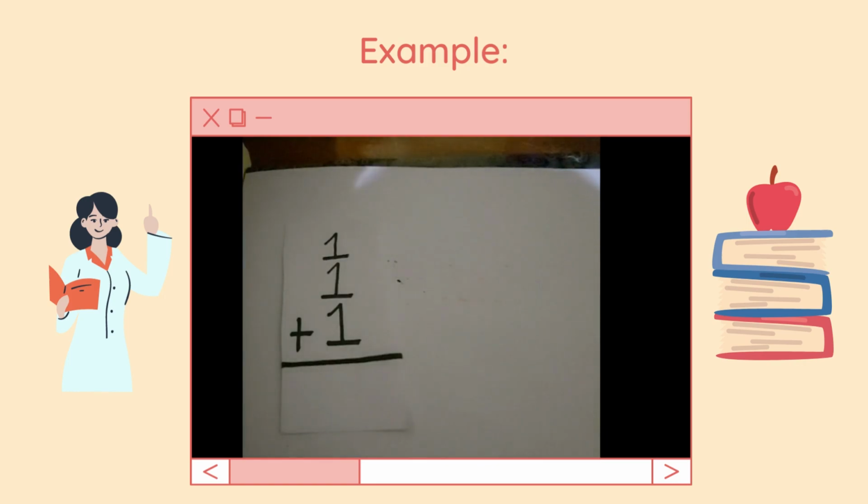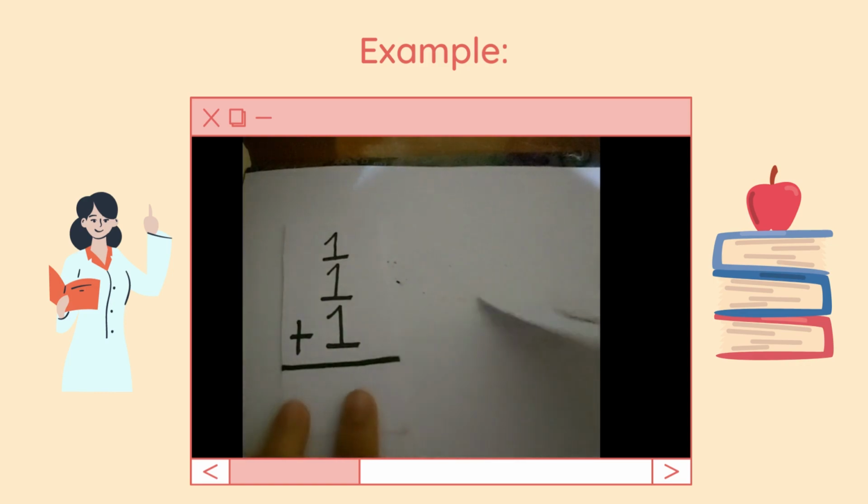Now, using the 4 rules, we will solve the problem 1 plus 1 plus 1. The rule that applies here is the fourth rule.